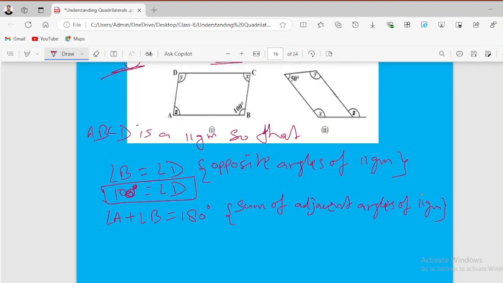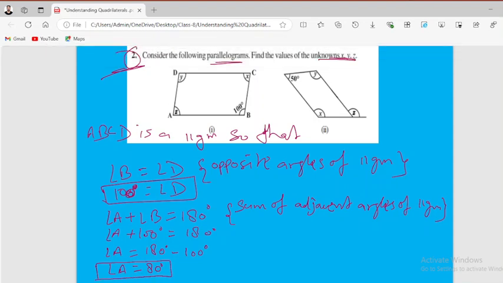So angle B is 100 degrees, so we can calculate angle A. Angle A is equal to 180 degrees minus 100 degrees, so the answer will be 80 degrees. Angle A is equal to 80 degrees.